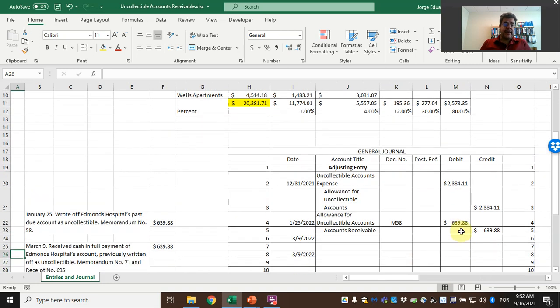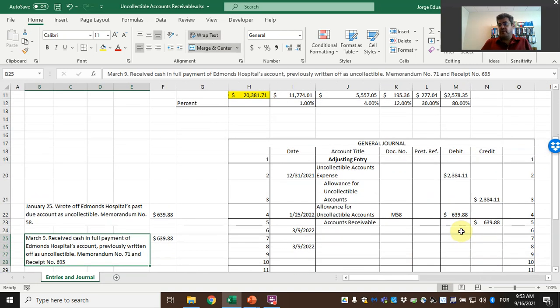However, let's assume that we were trying to collect this money and we are tough. We are still trying to collect. And on March 9th, received cash in full payment of Edmonds Hospital's account, previously written off as uncollectible.